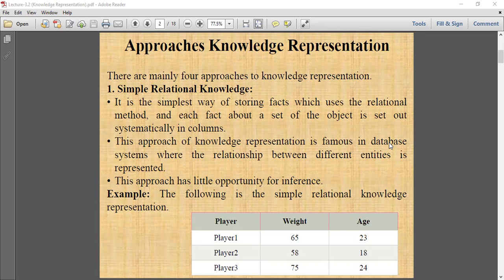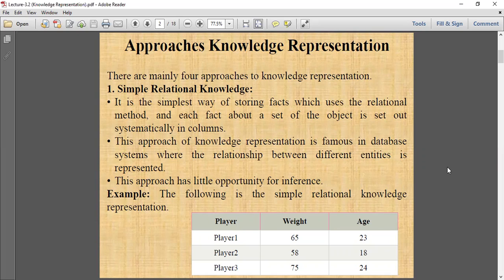It is the simplest way of storing facts, which uses the relational method, and each fact about a set of objects is set out systematically in columns.